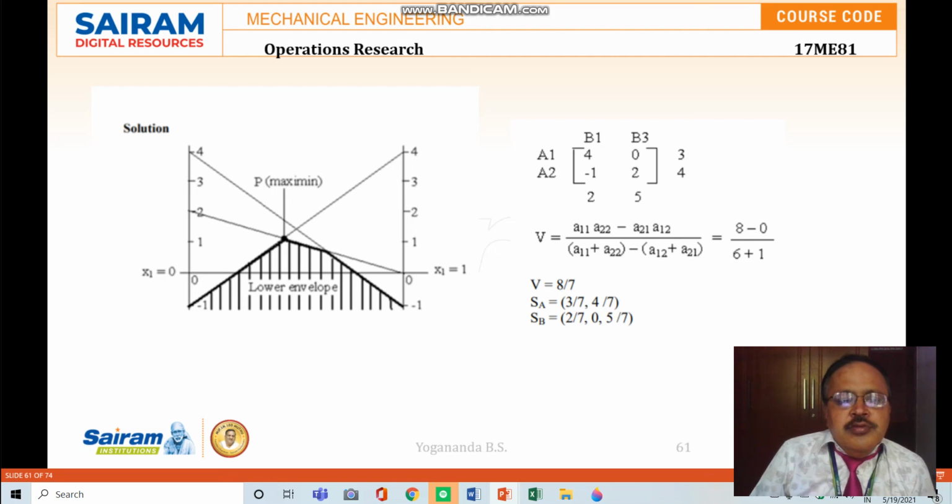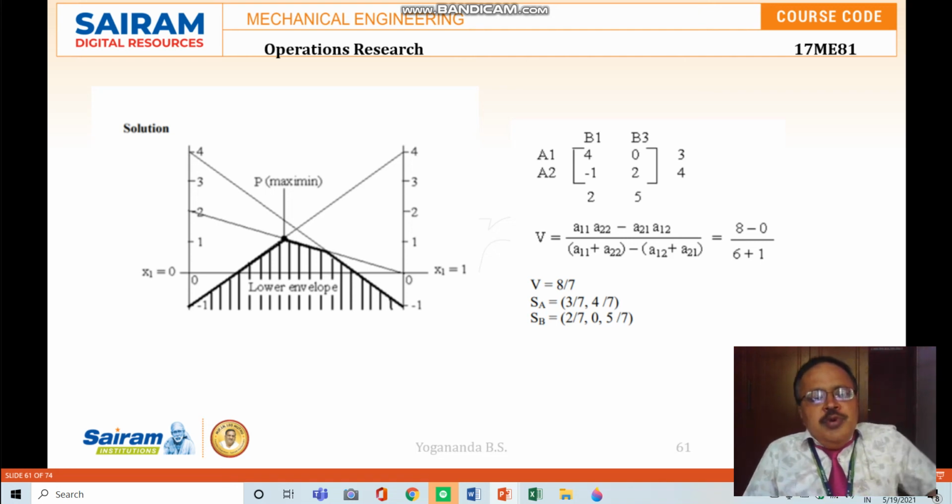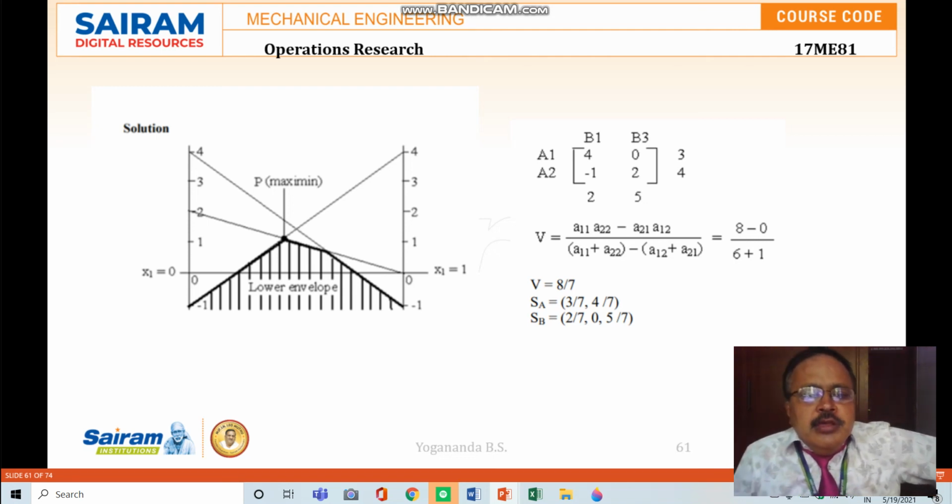So here also choosing lower envelope and choose the maximin. If it is for player B, we are going for the upper envelope and choosing the minimax. Player B wants to give minimum score to the winner. So in the upper envelope, we'll choose the lowermost point, that is the minimax point.